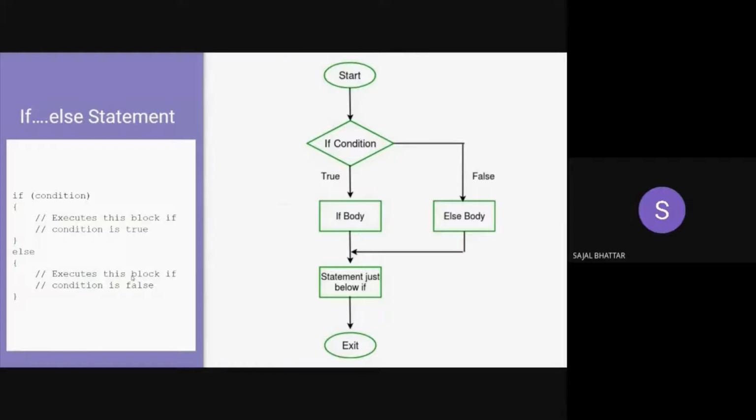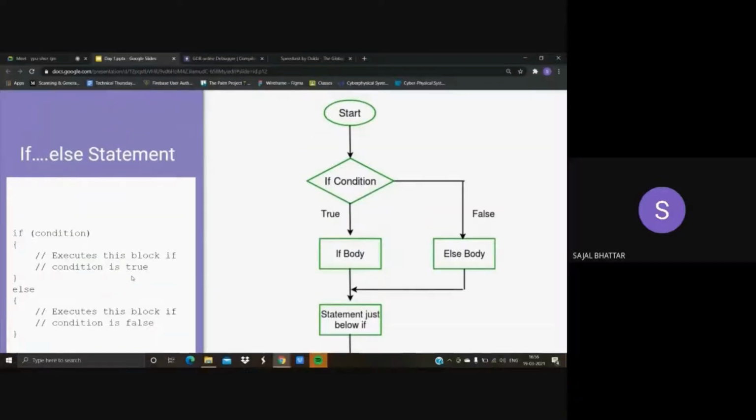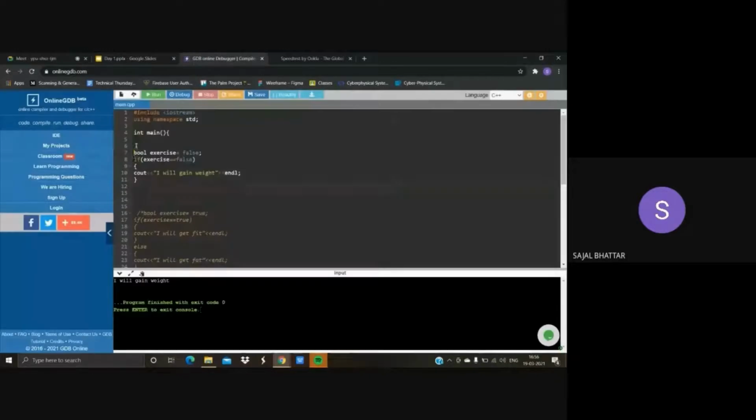Let's write a code to understand it better. In the previous example, we declared a Boolean variable exercise, and this time we'll set the Boolean variable to true, because we are considering that the person is exercising.